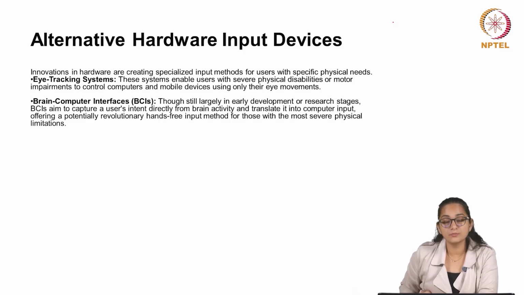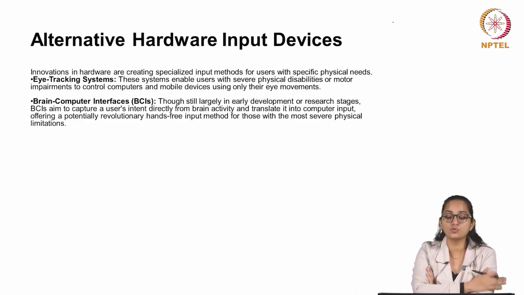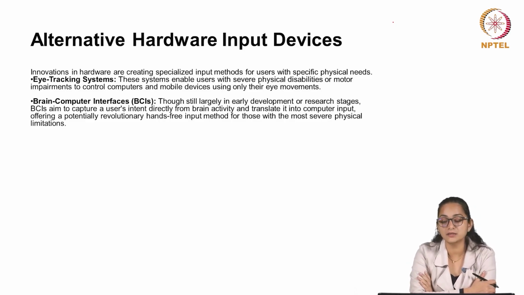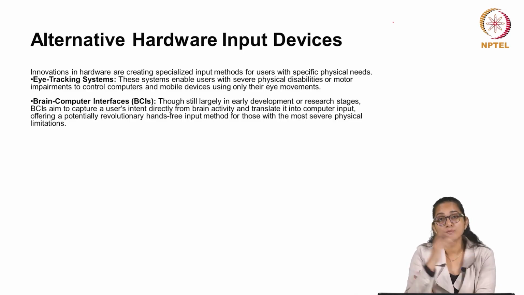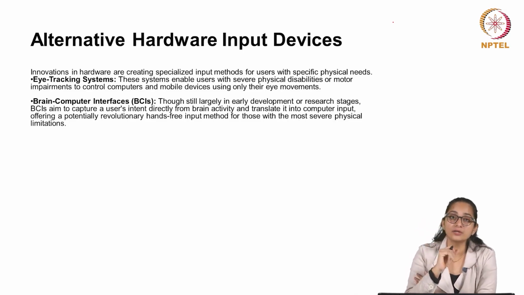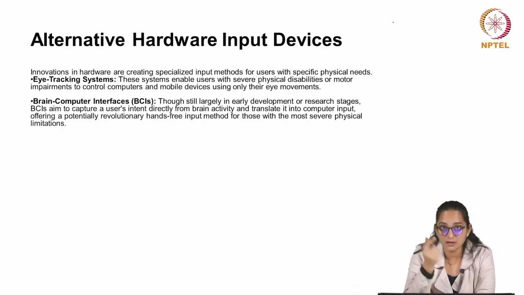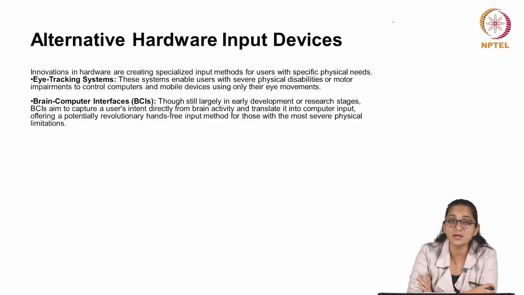Then BCI or brain computer interfaces, though still largely in early development or research stages. BCI, where you can directly control interfaces using brain waves. So, all you need to do is think, and that bypasses all kinds of modalities, all kinds of impairments as well.